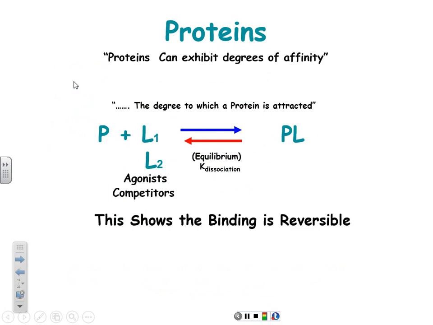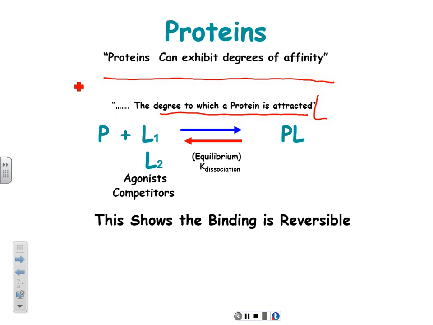And this is exactly what I was showing you over here. Proteins exhibit degrees of affinity, and that's the degree to which the protein is attracted to the ligand. The closer the fit, the higher the affinity.